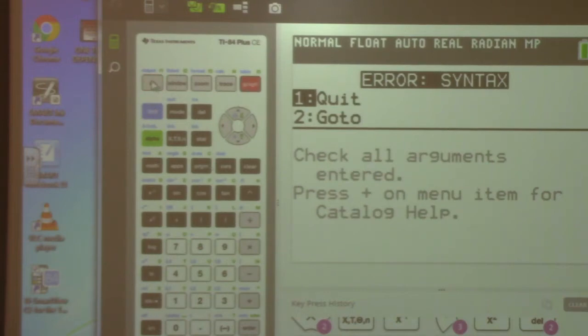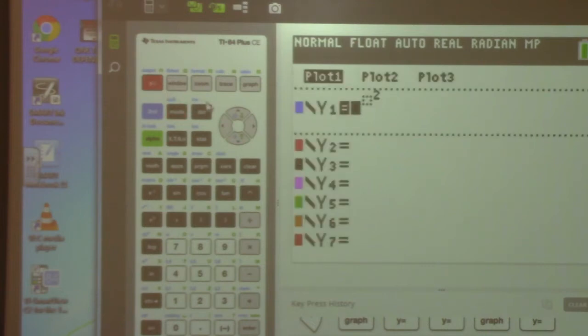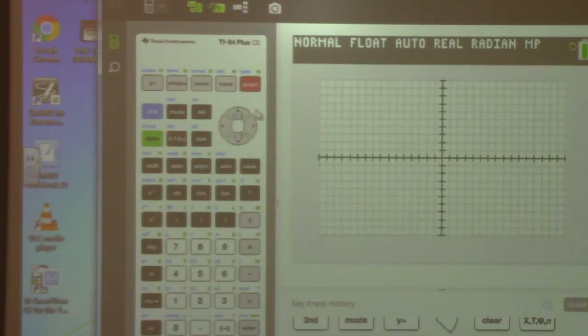Second mode, down, quit. Second quit. I got it. Oh, that's what I did. Let me clear. Okay, I got this now. Now we should be good.